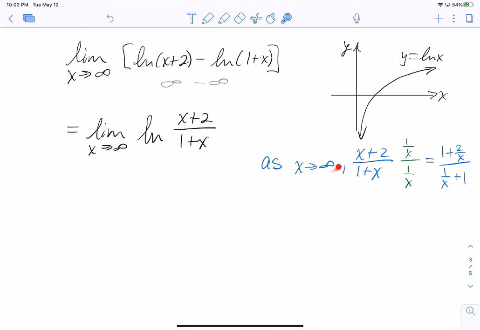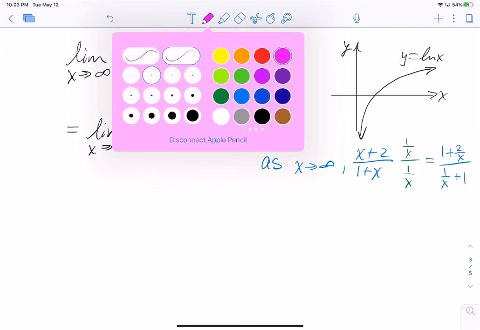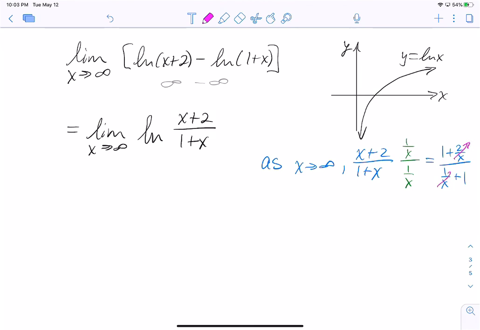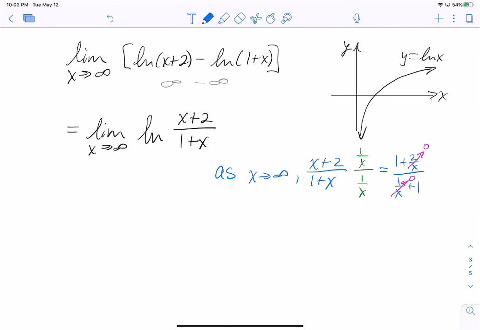And as x approaches infinity, the terms that have an x in the denominator go to 0. And so this expression approaches 1. In other words, the limit as x approaches infinity of x plus 2 over 1 plus x is equal to 1.